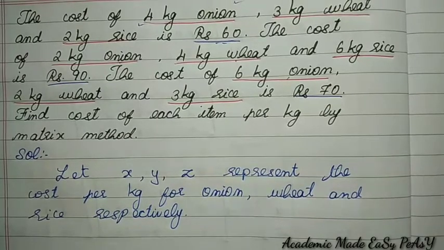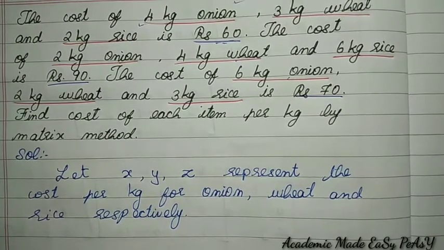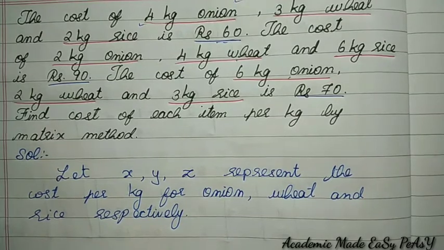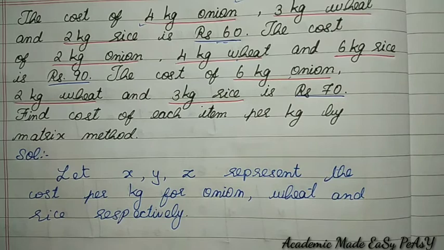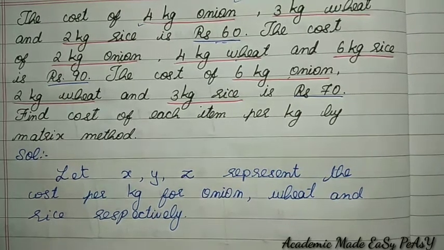So now x represents the cost of onion per kg, y represents wheat and z represents rice. So now let's start writing the equation.